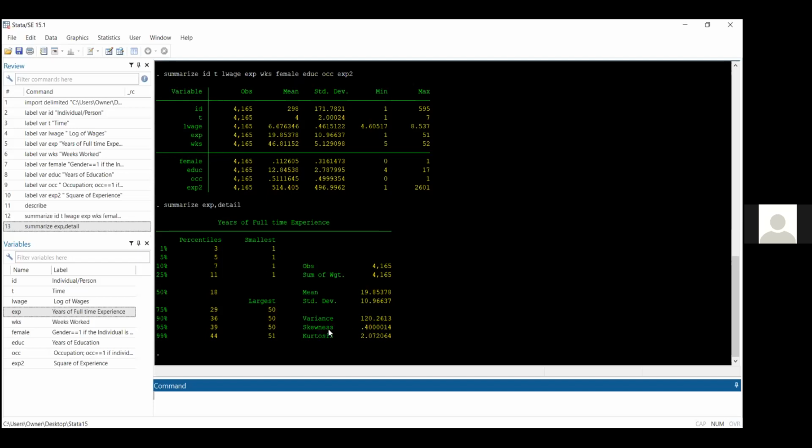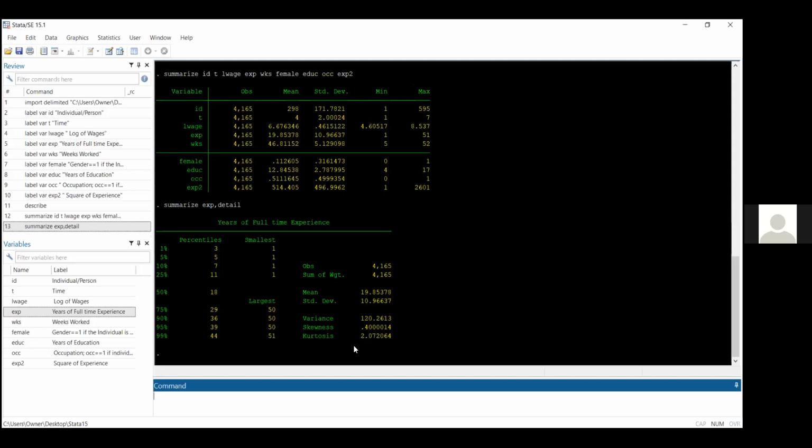For skewness, your variable is normal if the skewness score is 0 or close to 0. Skewness is a measure of the degree of asymmetry around the mean, so that bell-shaped figure.